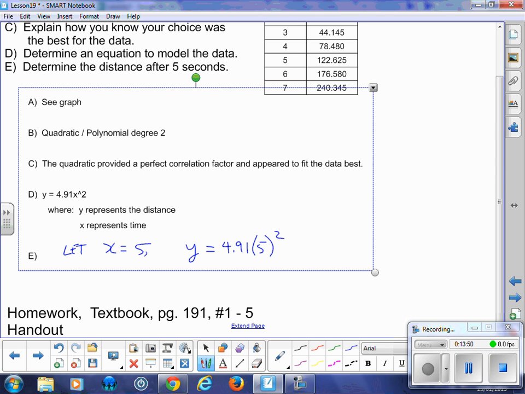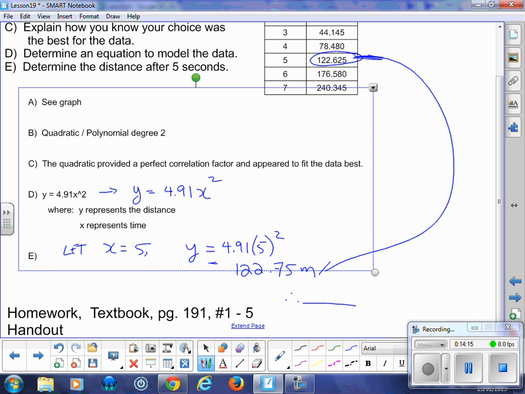Again, that formula, because I don't have that superscript button. So punching that into the calculator, we get 4.91 times 25, which is 122.75 meters. And if we take a look up here at 5 seconds, it's pretty close.